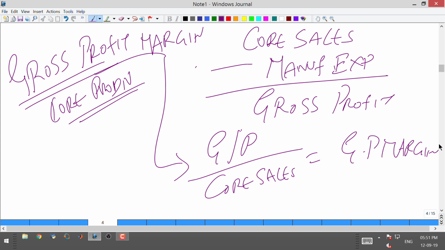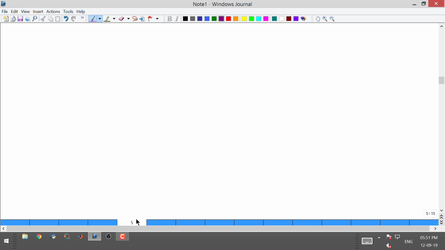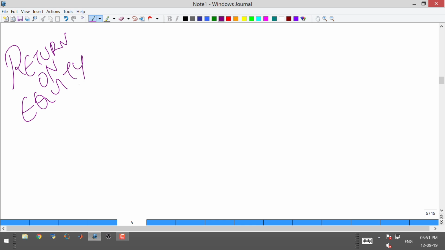Okay. Now, we move further on this. Especially when you are talking about profitability, you look at return on equity. What is the kind of return the equity shareholders are getting here? That is what we are more interested in knowing also.